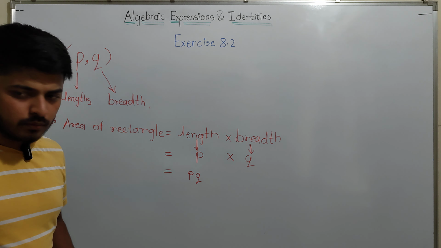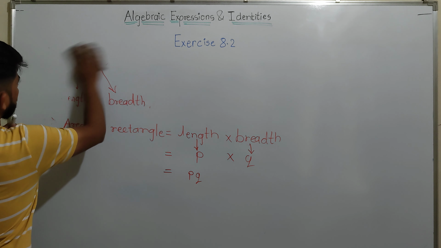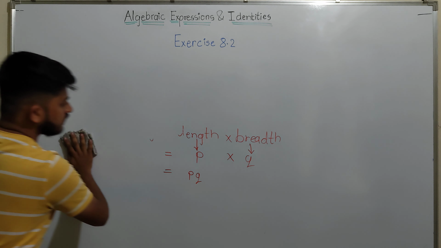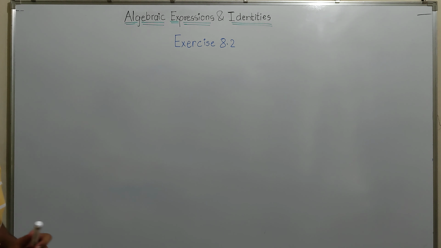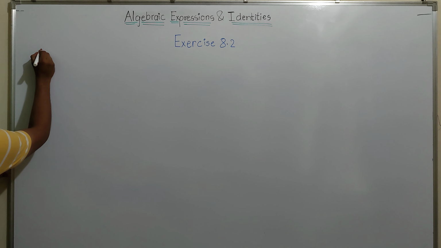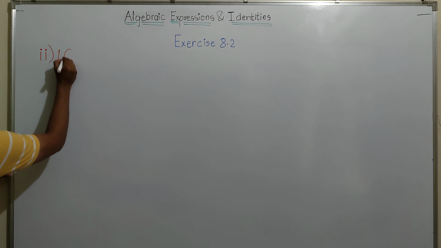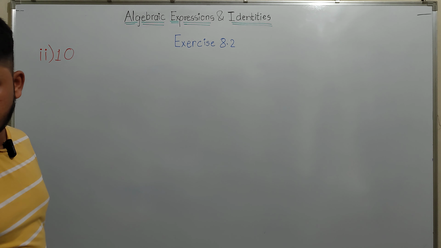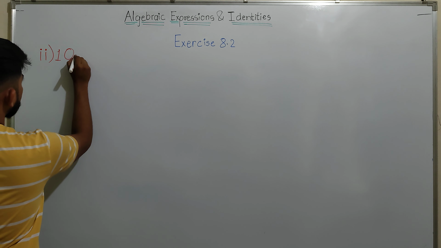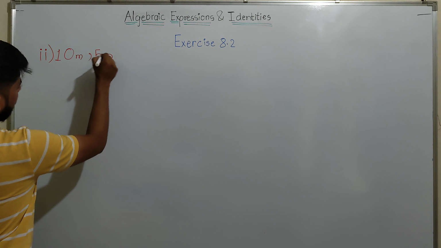Now moving towards the second example, we have 10m and 5n, right?